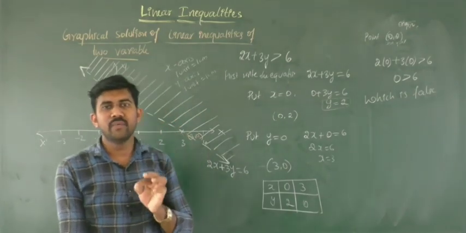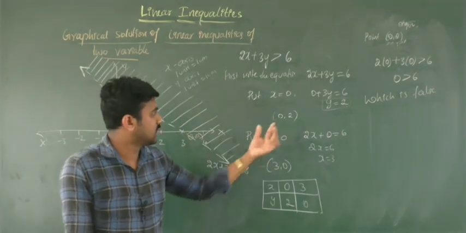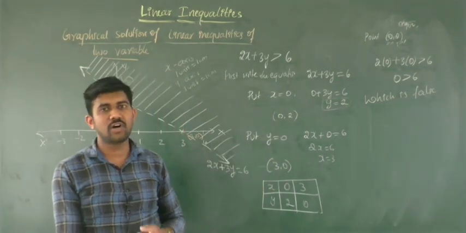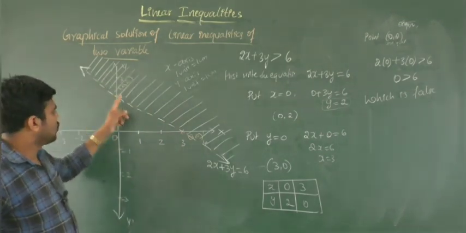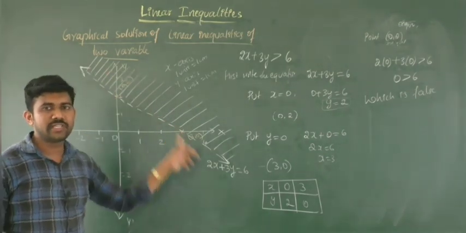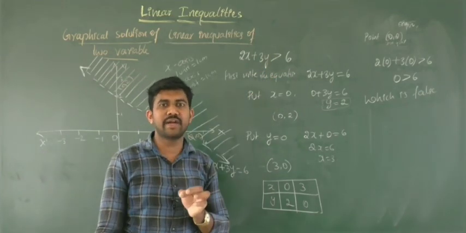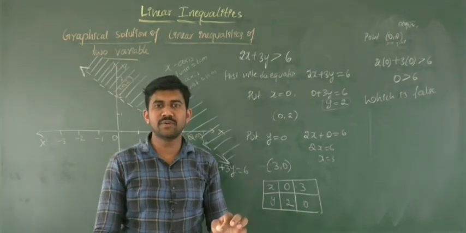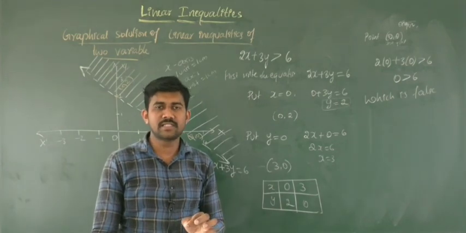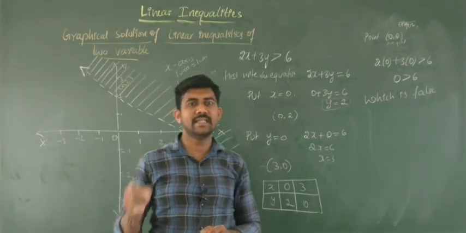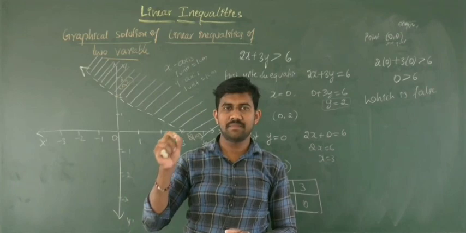So here we need to consider at least 2 points on the plane. After that, join them. How to join the points? If you have a strict inequality, then join the points using a dotted line. But if you have a slack inequality, then join them using a thick line.